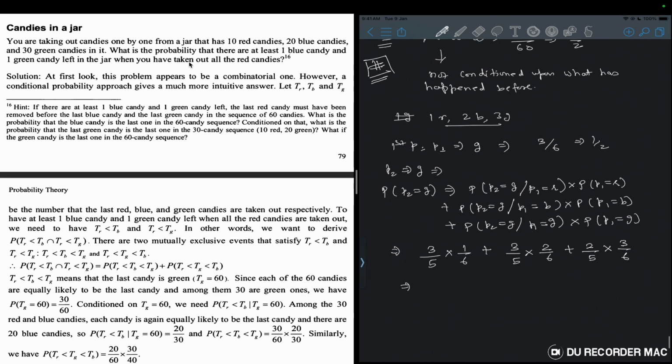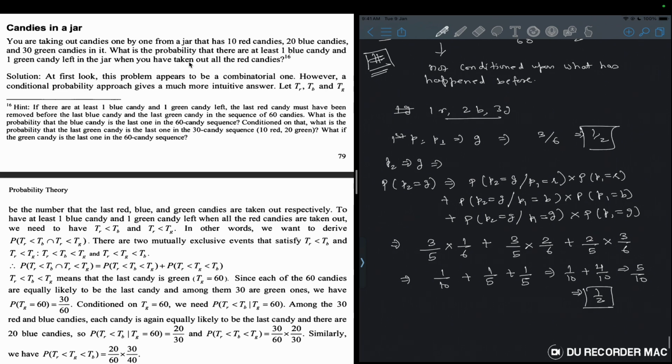Let's find out what this value is. This is 1 upon 10, this is 1 upon 5, this is 1 upon 5. So this is 1 upon 10 plus 2 upon 5. 2 upon 5 can also be written as 4 upon 10. This is 5 upon 10 and this is half, which is the same as what we got when we were calculating for the first position.